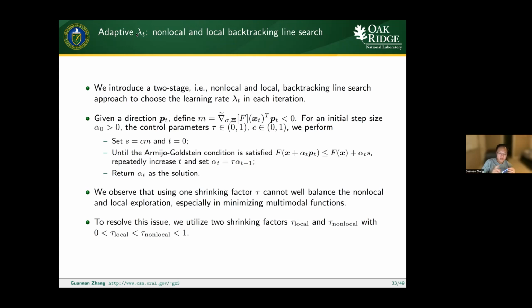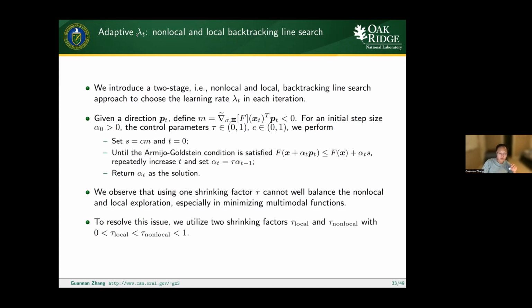Instead of having one shrinking factor, we have two shrinking factors. The non-local shrinking factor is bigger than the local factor, so it basically shrinks slower, giving us more time to explore the non-local region.